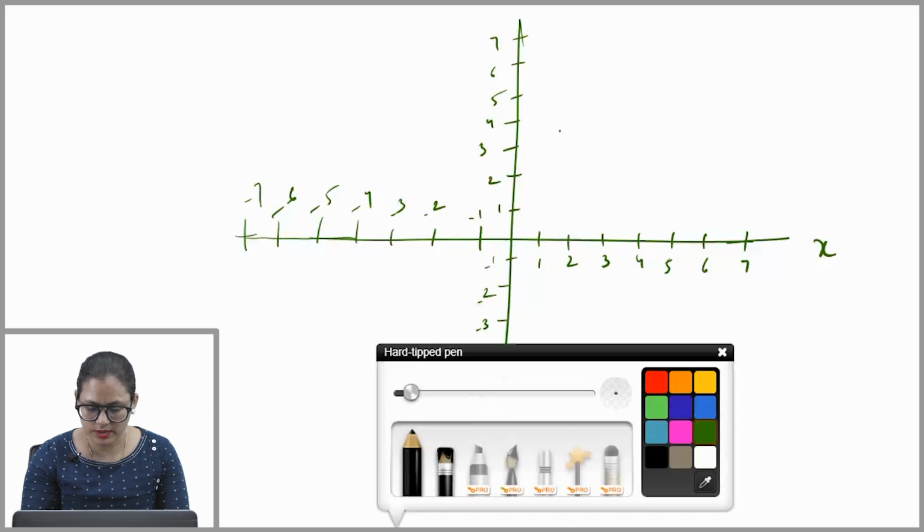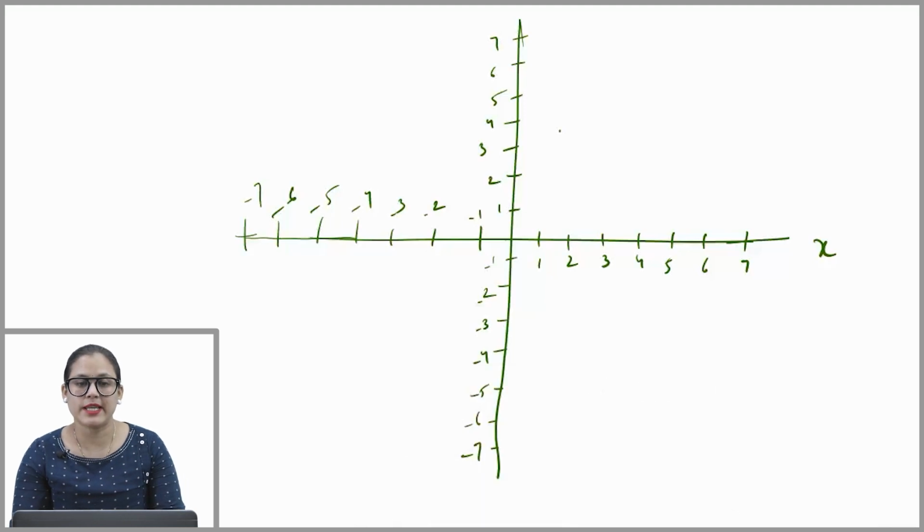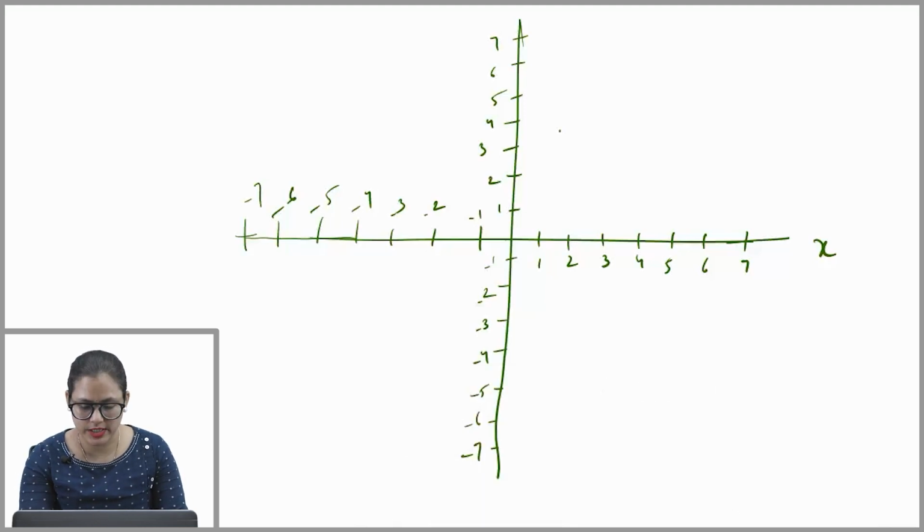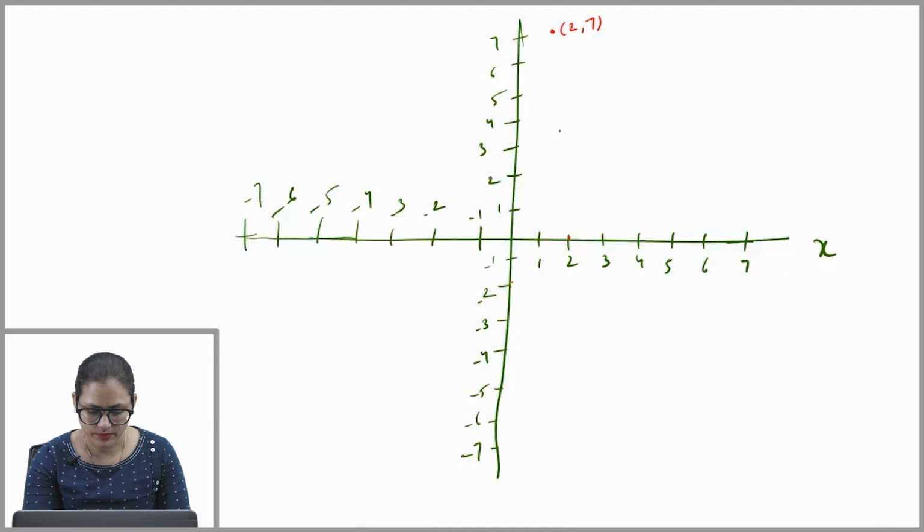Now let's plot the points. First is A, (2, 7). First we will take the point on the x-axis, then on the y-axis: 2, 7. The next is B, (minus 2, 3), so here.